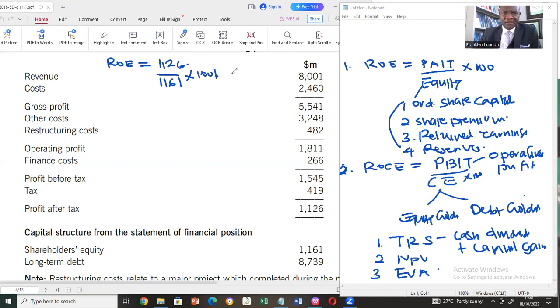This will give us 97%. Now, return on equity of 97% is very high.